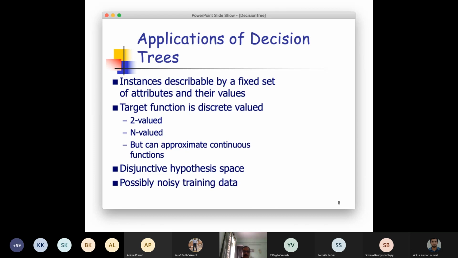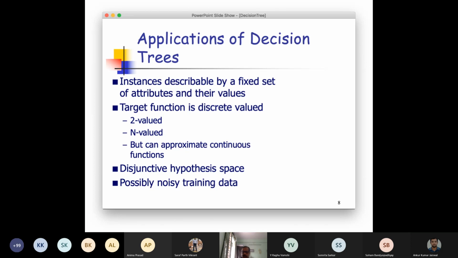So it's a disjunctive hypothesis space. Also, it allows possibly noisy training data. Those are the considerations when we consider a decision tree. In concept learning, we assumed that there is no error in the training data, and we were trying to find only a consistent hypothesis.